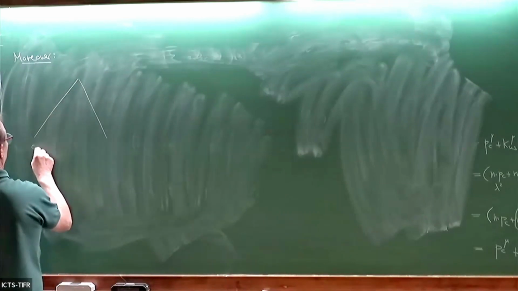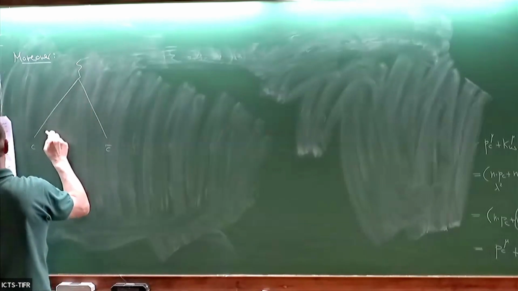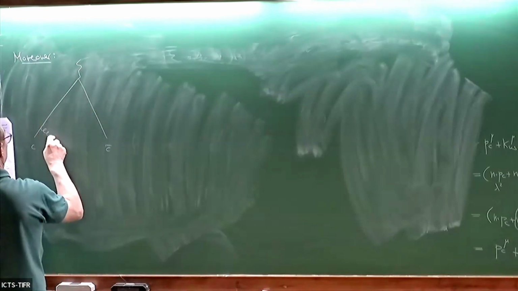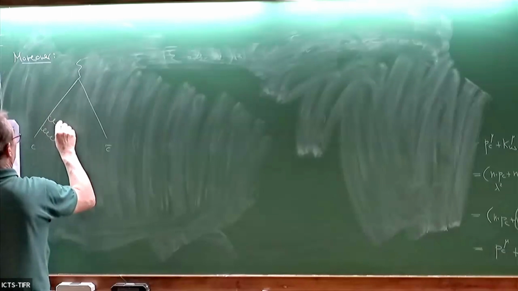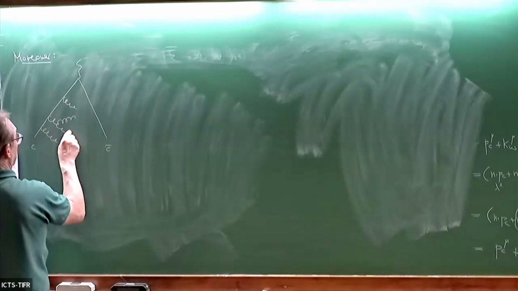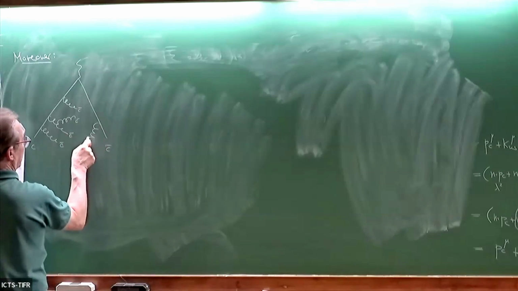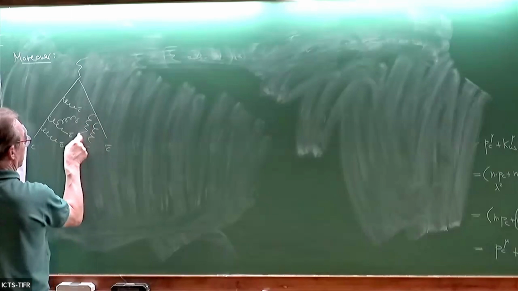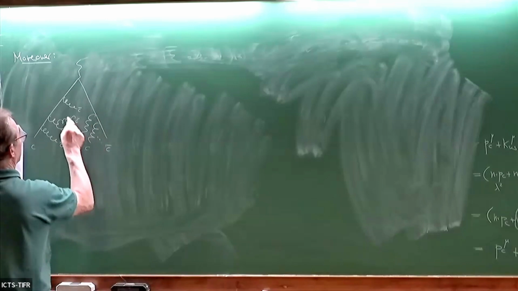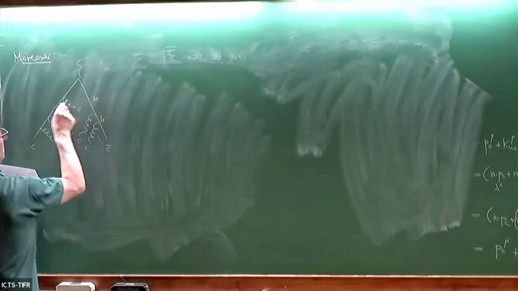So here I have my collinear guy, my anticollinear guy, my photon. I can now attach here, in a complicated way, anticollinear gluons, and I can attach collinear gluons here, as many as I want, right? And all of these propagators here will be hard.